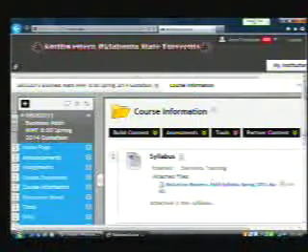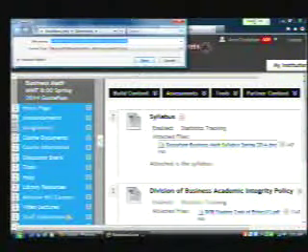Okay, the syllabus. If you haven't done this already, you right-click, Save Target As. Go ahead and save it someplace, and then go ahead and open it.